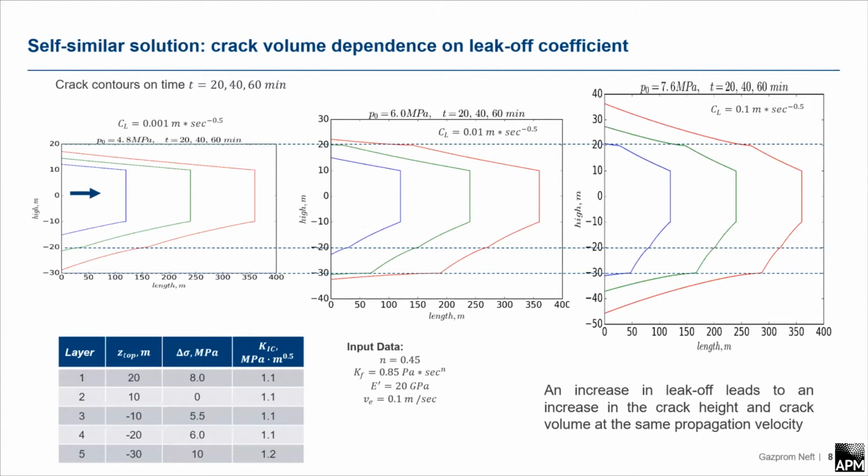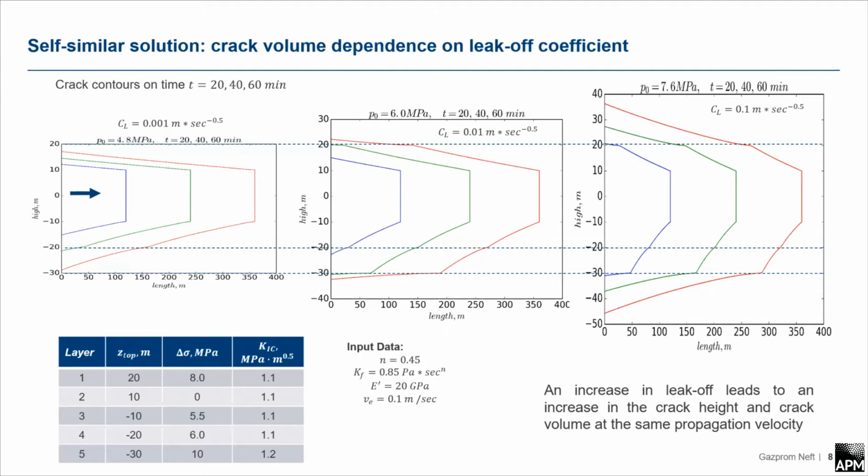In all pictures where the fracture contour is presented, the blue lines mean the position of the fracture contour at time equal to 20 minutes, green line to 40 minutes, and red line to 60 minutes. On this slide, three pictures are presented from left to right.